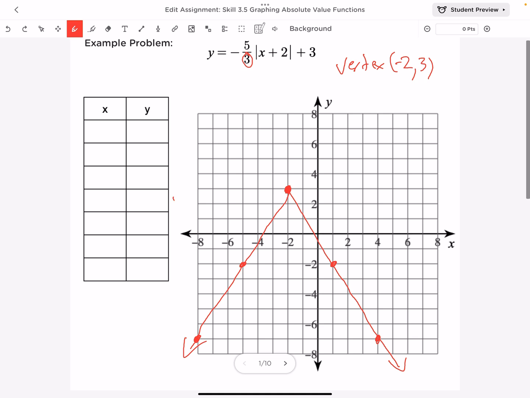With the table, my vertex is always going to be this middle point, so it's -2, 3. It tells us that we should always have whole numbers. I look once again at my denominator to count how many from -2 I go. So -2 plus 3, since it's 3, I get 1, and then another +3, and I get 4, and then another +3, and I get 7.